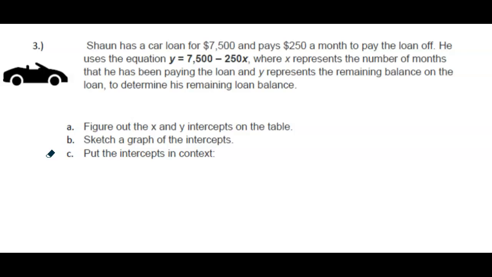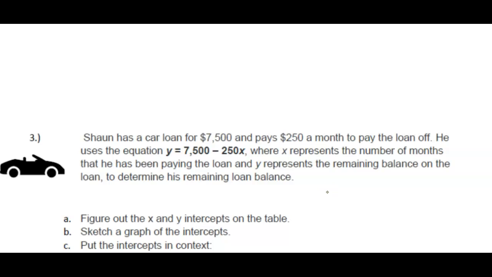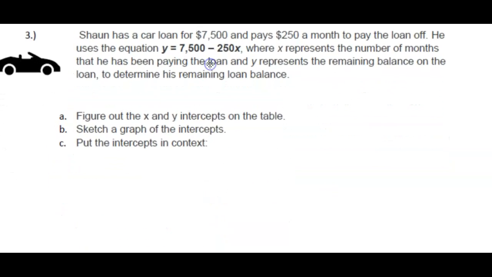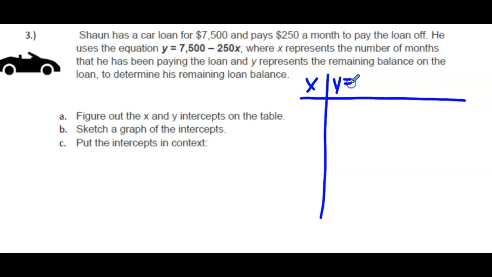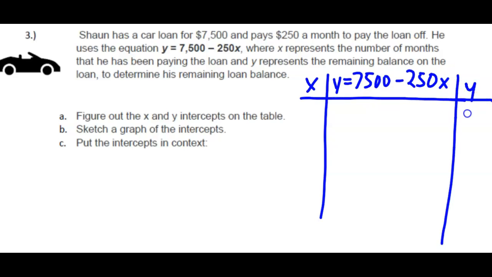Okay? So, let's make a table. All right, now let's make a table. So I've got my x. I've got my y equals 7,500 minus 250x. And I've got my y.